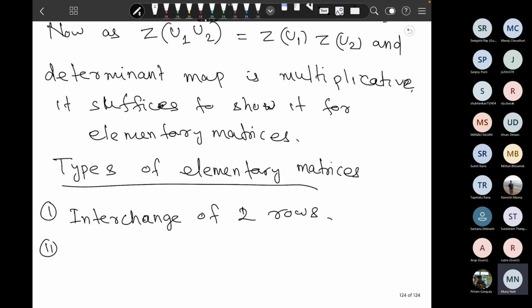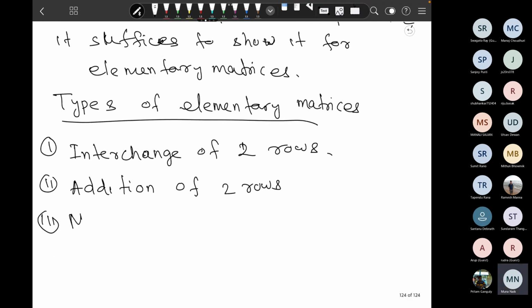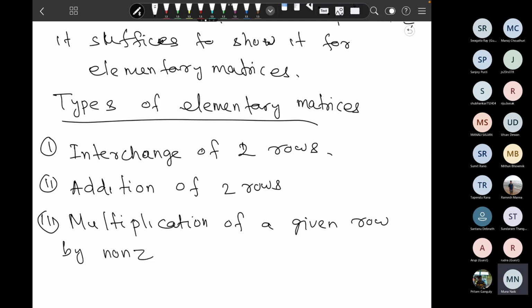The second is addition of a multiple of one row to another. The third is multiplication of a given row by a non-zero complex scalar lambda.